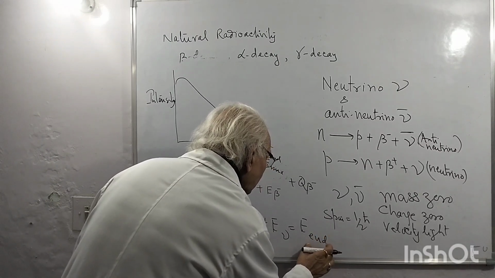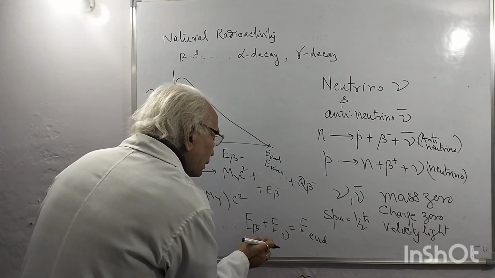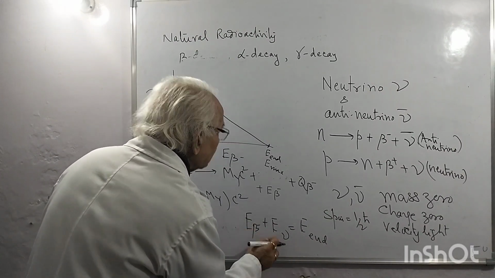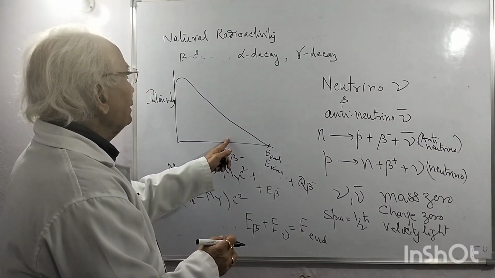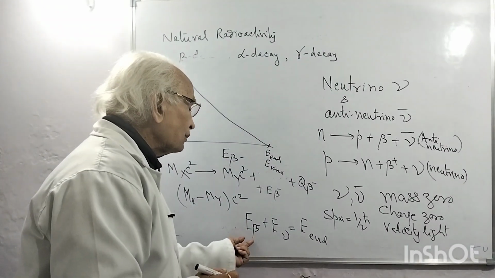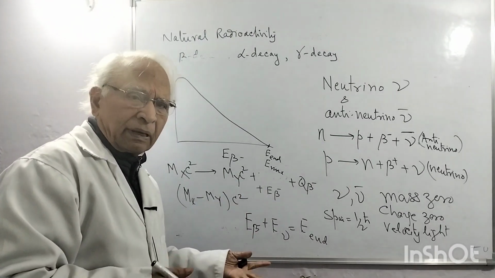This maximum energy is taken by two particles. If this is large, this is small; if this is small, this is large. If the energy is taken by the beta particle, the rest of the energy is taken by the neutrino. When the beta particle is going with the maximum energy, the neutrino is going with the minimum energy, like that.